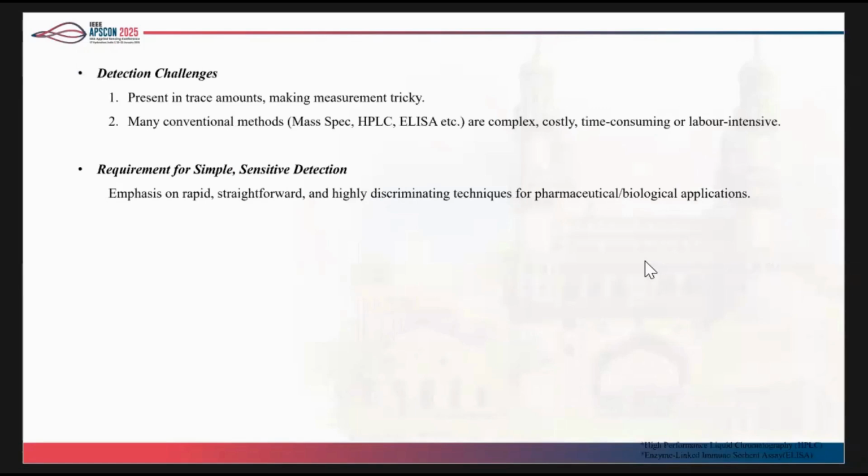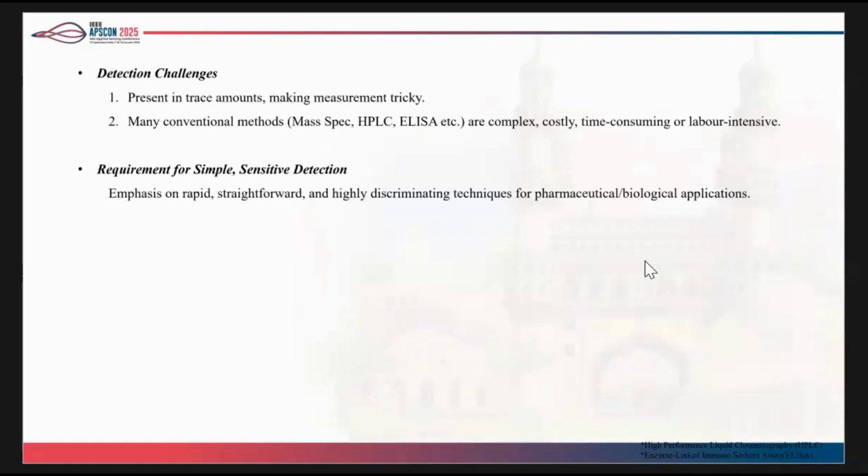Then, detection challenges. As we already know, it is found in a very trace amount, and there are many methods which can detect vitamin B12, like mass spectroscopy, HPLC, as well as ELISA. These methods are very complex in a few cases, and very costly and time consuming.